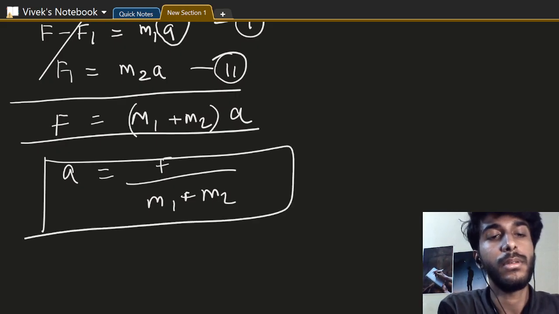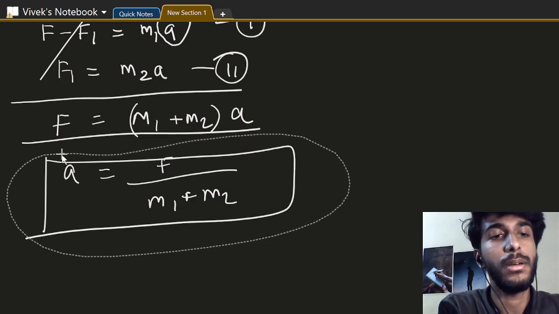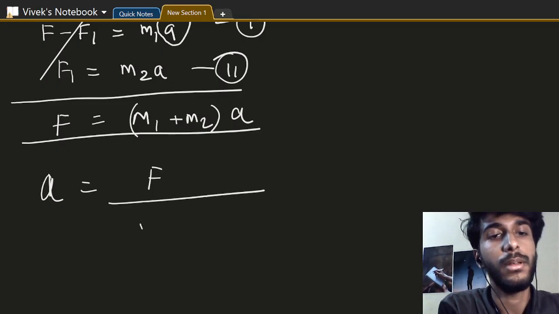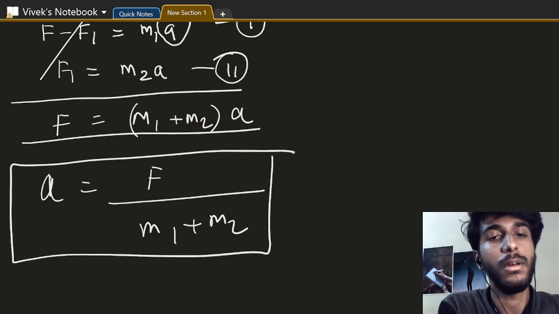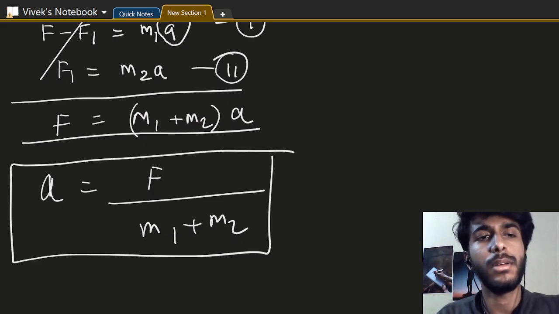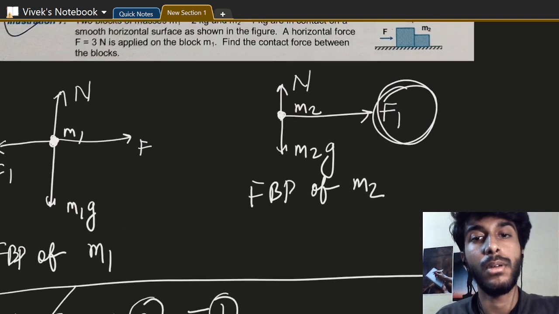Let me write again. Acceleration will be equal to F divided by m1 plus m2. This is our acceleration. But we don't have to calculate acceleration. We have to calculate F1, that is the contact force.